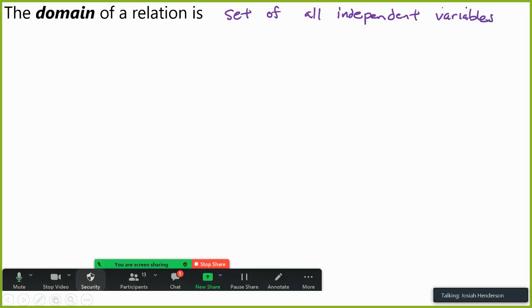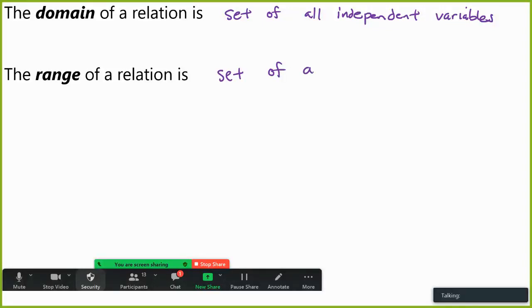It's the set. It's like a collection of all the independent variables. And range of a relation is the set of all the dependent variables. Remember, independent is what happens first, and the dependent ones happen afterwards.